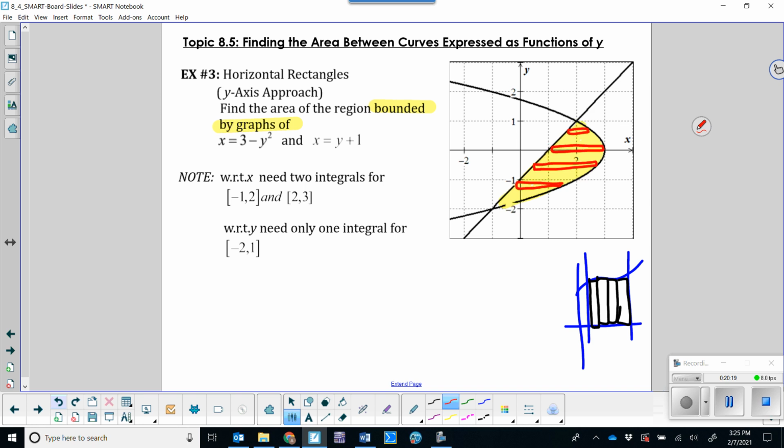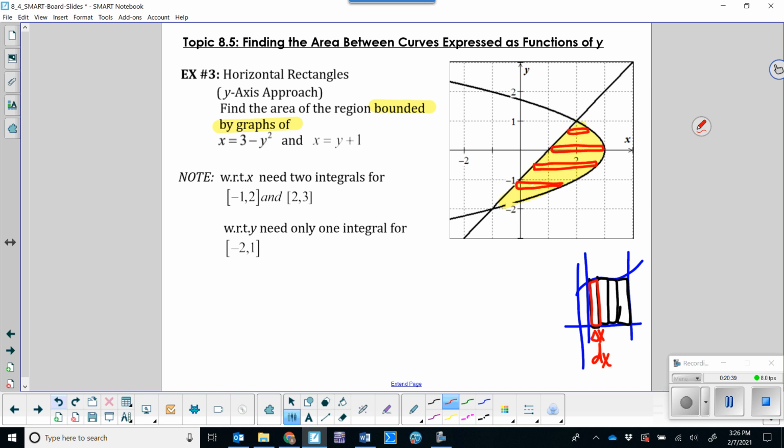Then what I think of is when I looked at these rectangles, right? When I did my area and I added up, remember that the width was delta x for all of these rectangles. Well, that's what became dx, and that's how I know my entire function has to be in terms of x.